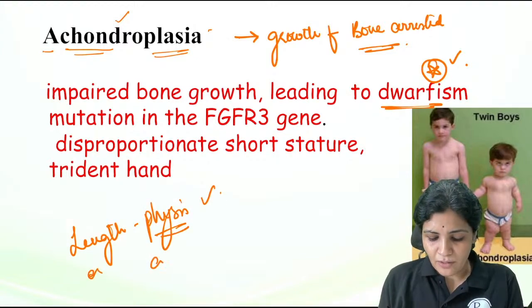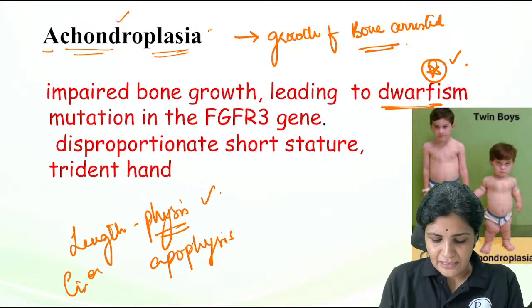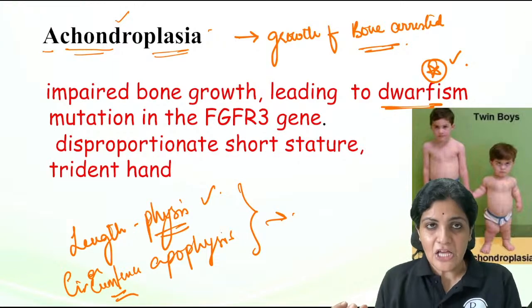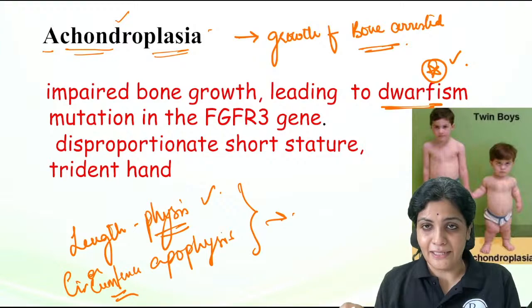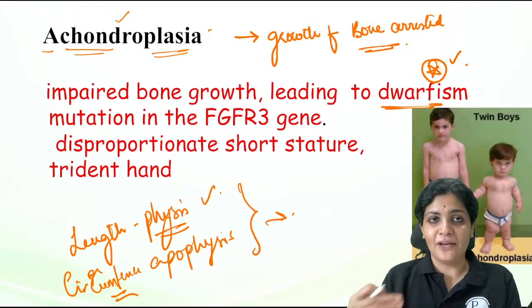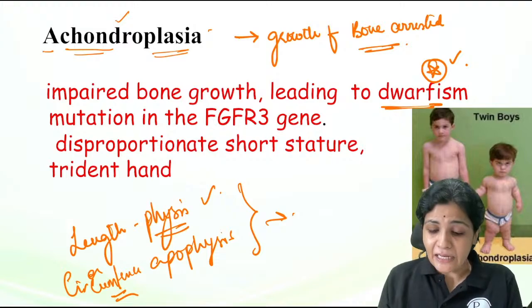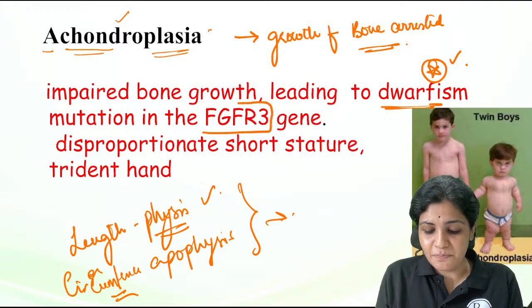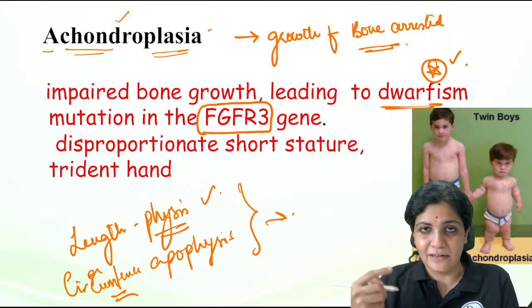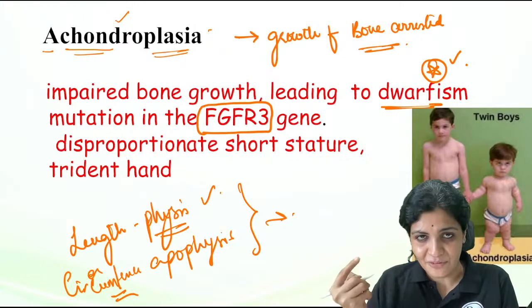What is determined by the apophysis? The circumference, the diameter of the bone. This has to be correct so that you achieve the necessary length. Whenever there is an abnormality in achieving the length leading to dwarfism, it is called achondroplasia. This is because of a mutation in the fibroblast growth factor receptor gene, FGFR3.